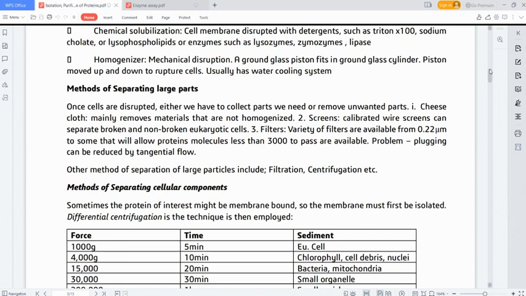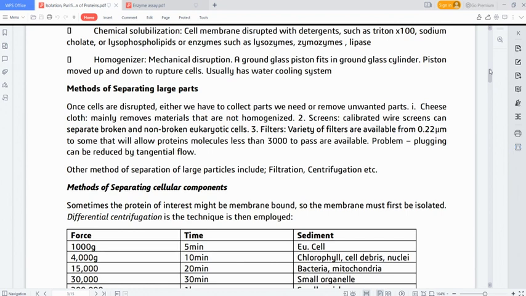That's cheesecloth. You can use it to remove the big particles, because when you burst the cells, every protein in that particular cell goes into solution. So as the liquid is draining from the cheesecloth, the proteins are also moving out through it.